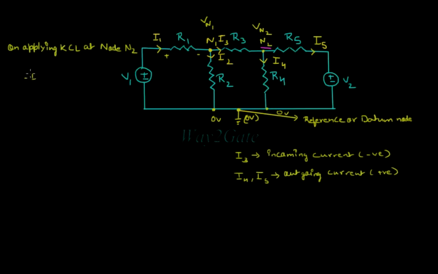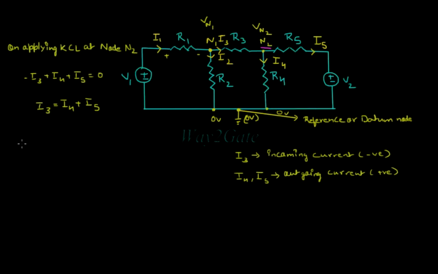Therefore, minus I3 plus I4 plus I5 is equal to 0, or I3 is equal to I4 plus I5.